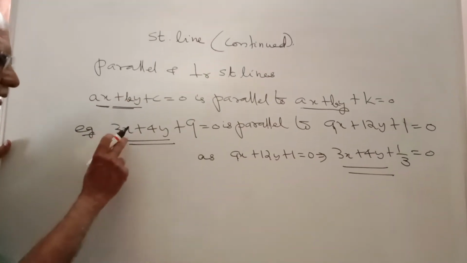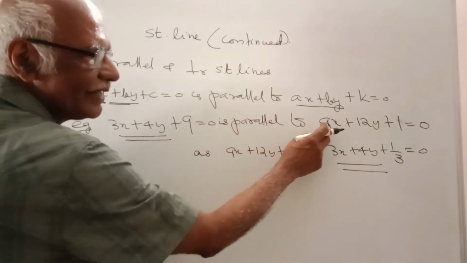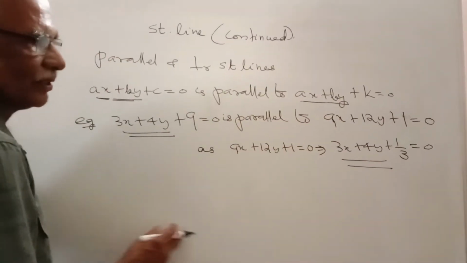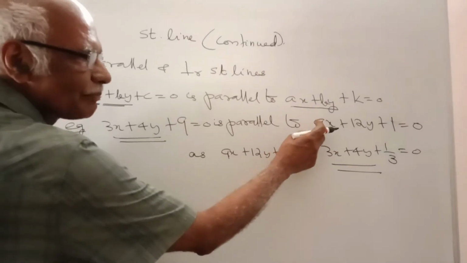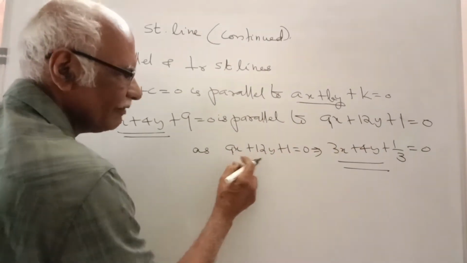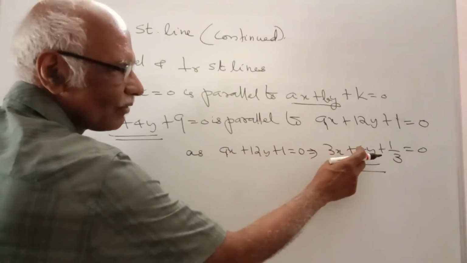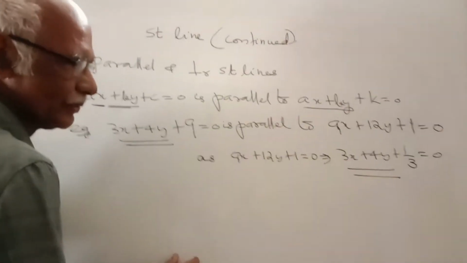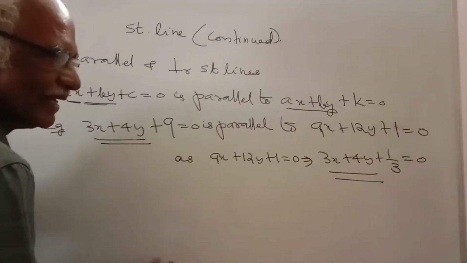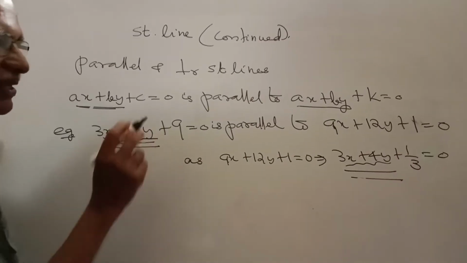Now for example, 3x plus 4y plus 9 equal to 0 is parallel to 9x plus 12y plus 1 equal to 0 because 9x plus 12y plus 1 becomes 3x plus 4y when you divide by 3. So the same line is 3x plus 4y plus 1 by 3 equal to 0. So we see 3x plus 4y is the same thing.